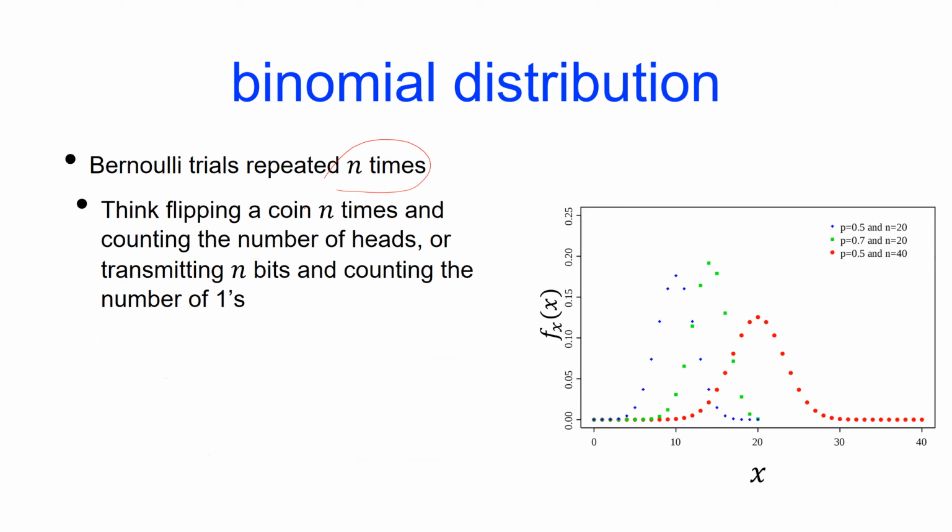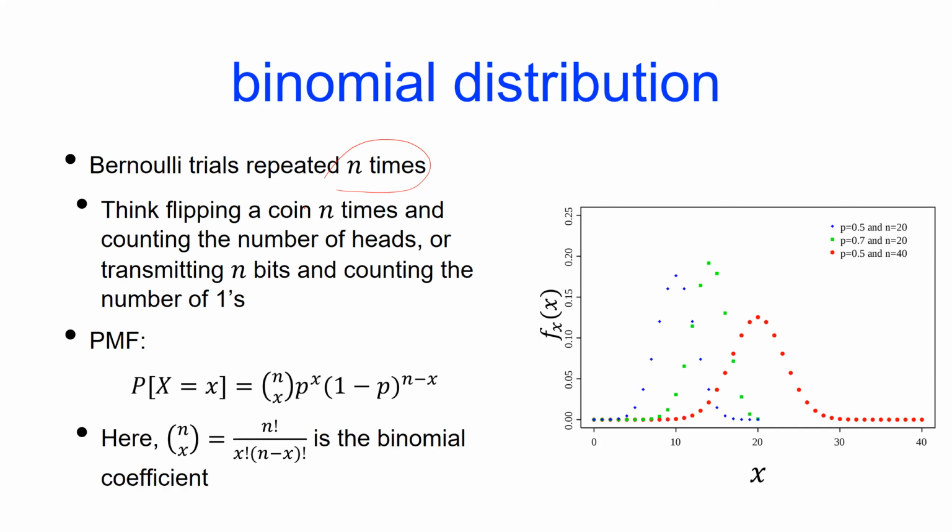Then I want to ask what's the probability that I get x number of heads. This is what we try to model using the binomial distribution. And the formula is a bit complicated. It looks a little bit scary, but I will explain what this equation says.